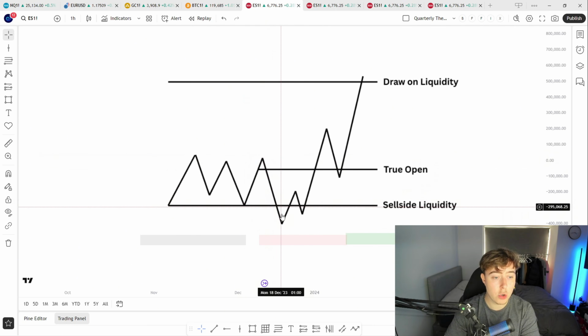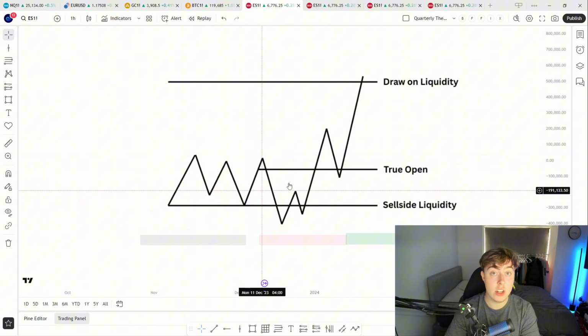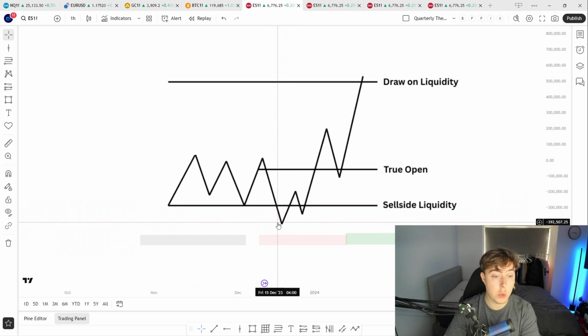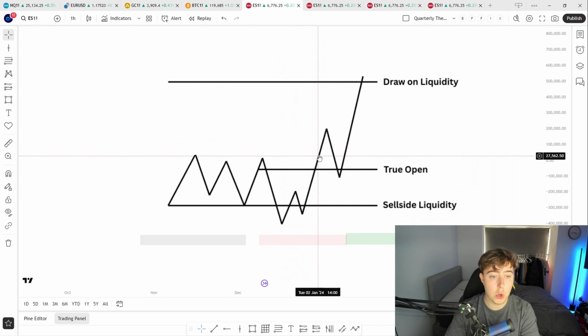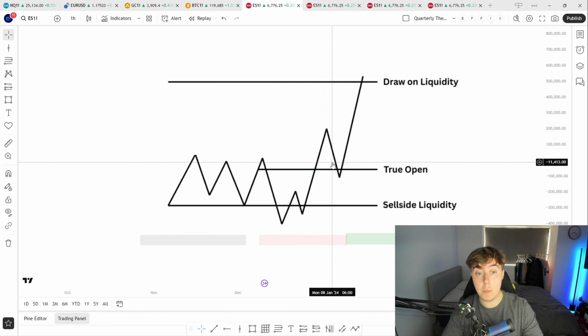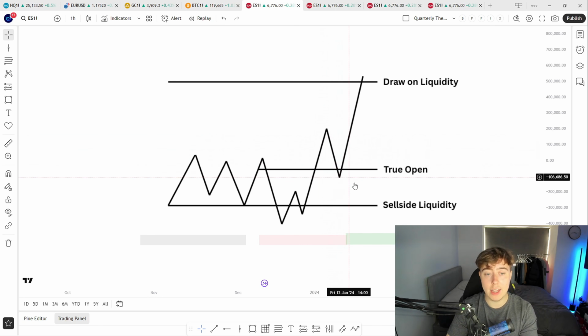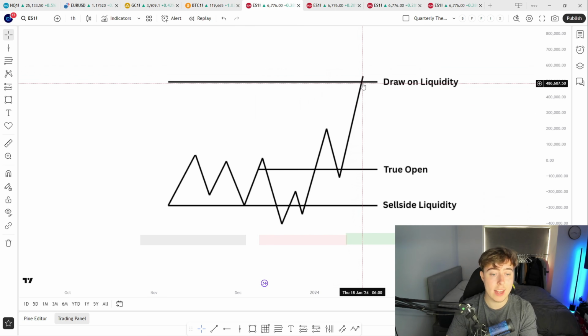So it dips below the true open, ideally takes some form of liquidity, in this case the previous quarter's low, some sell side liquidity, then we'd expect price to begin pushing back towards the true open, break above it to show that price has manipulated below it, and now it's managing to get back above it with a solid closure above, as you can see right here. Then you'd expect price to begin that distribution phase and draw towards your higher time frame draw on liquidity, essentially.